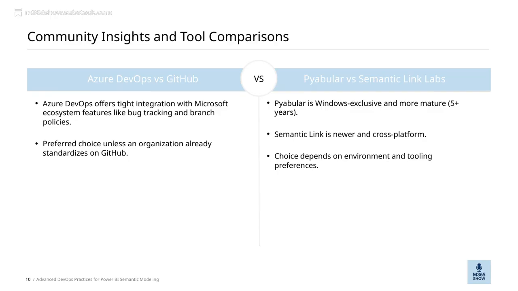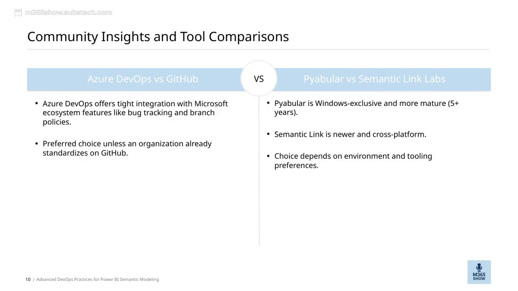Now, when it comes to integration with your development workflows, Azure DevOps provides tight integration with the Microsoft ecosystem. This includes features like bug tracking, branch policies, and seamless collaboration within Microsoft tools. Unless your organization already standardizes on GitHub, Azure DevOps is generally the preferred choice because of its ecosystem advantages.